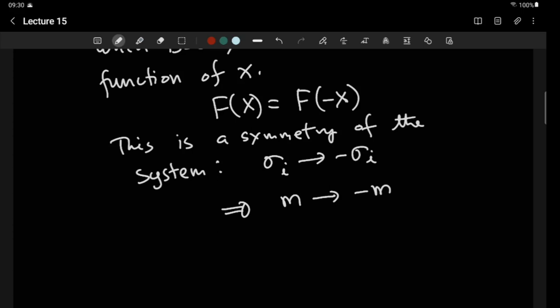This is a discrete symmetry, and Noether's theorem, which says that for every continuous symmetry there is a conserved current, does not apply here. Discrete symmetries do not have conserved quantities. Discrete means the number of group elements is finite.